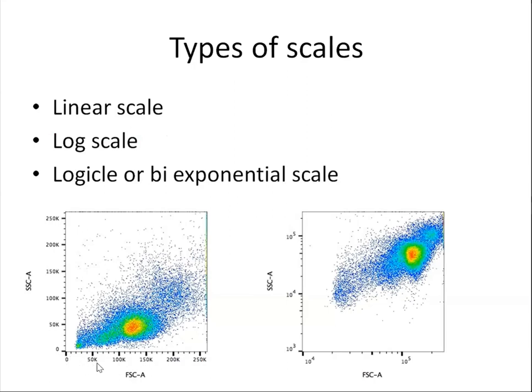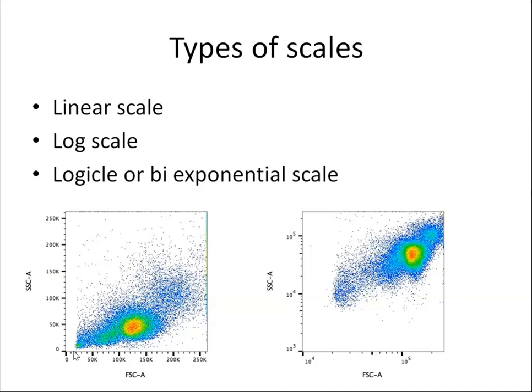You see here 0, 50,000, then 1 lakh, then 1,50,000, then 2 lakh, 2,50,000. They are separated in an equidistant manner. You can use it for showing a parameter which is of a narrow range, which does not differ much.